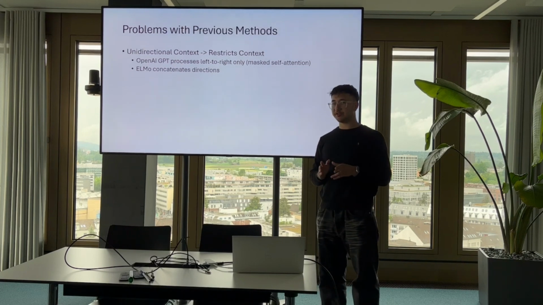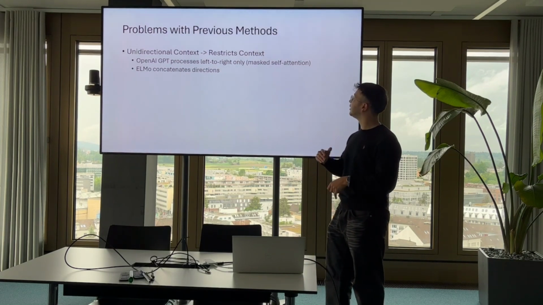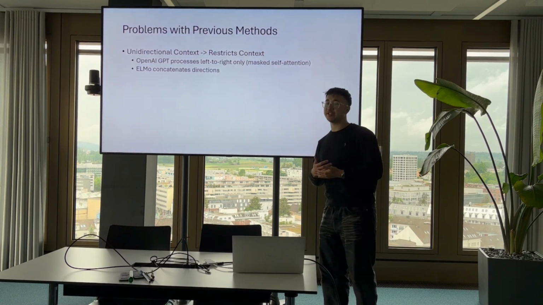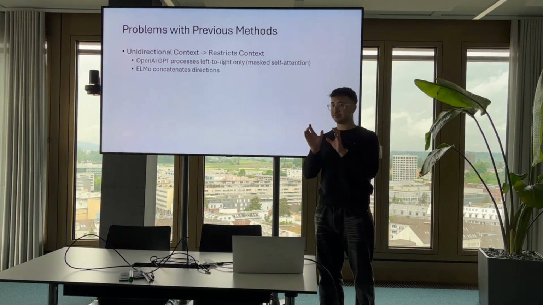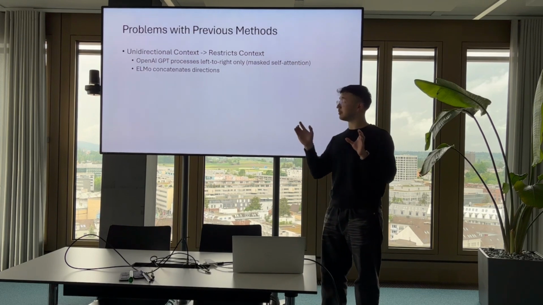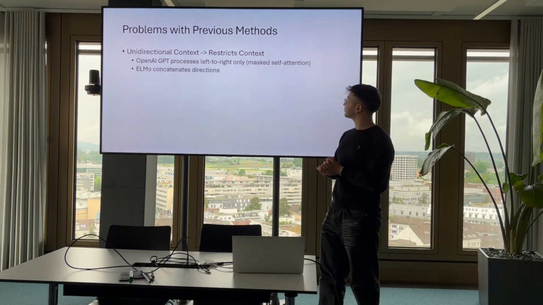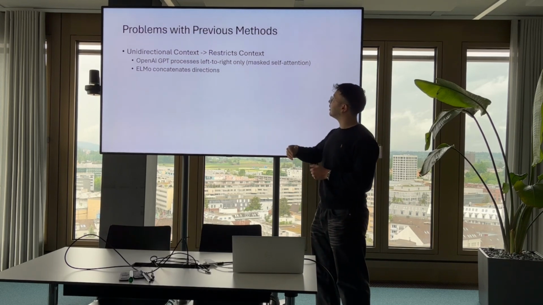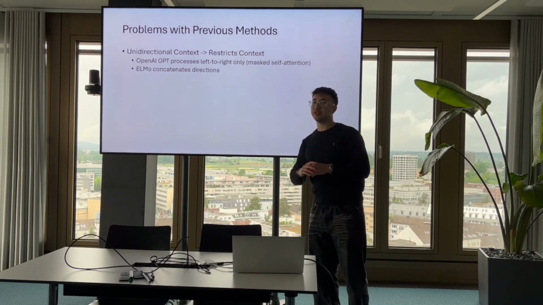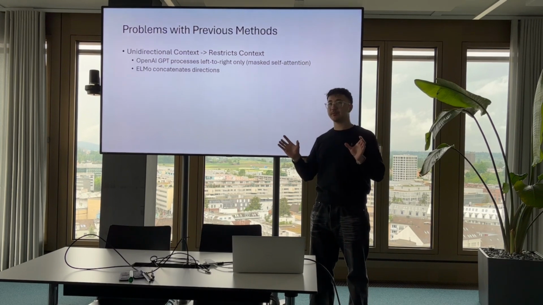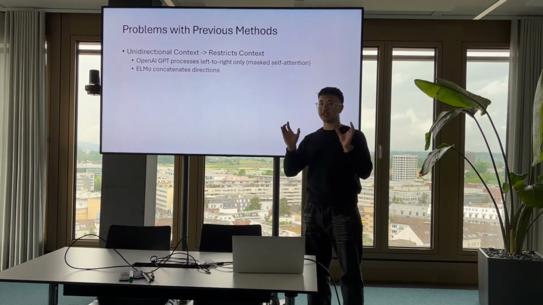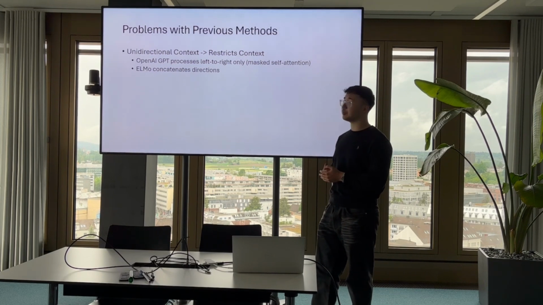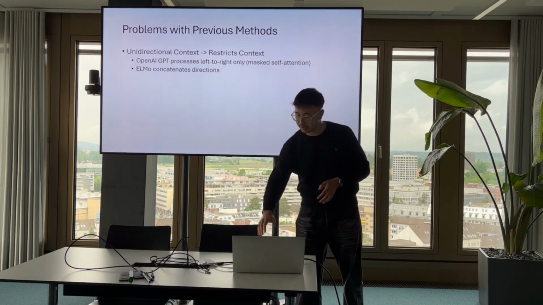This is okay for text generation, but for a model to actually understand the language, you look at a sentence from left to right and right to left, so we want to have a bidirectional context. ELMo, for example, uses left to right and right to left, but independently, and then concatenates that. It was already a good approach, but not good enough, and BERT is trying to tackle this as well.